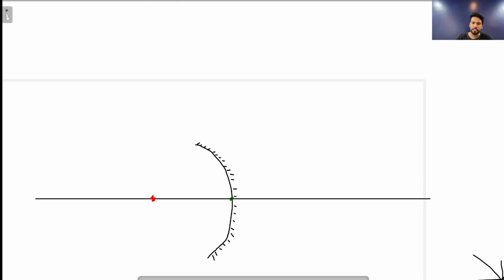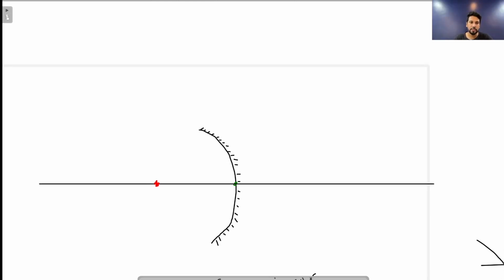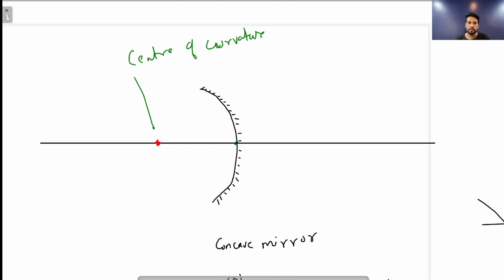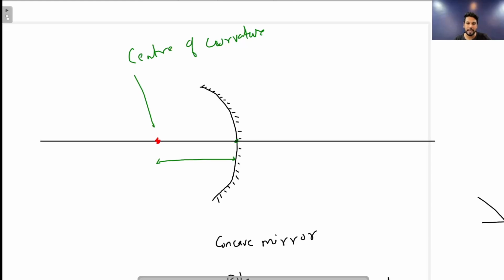And now come the distances. This is called the center of curvature. Basically, the center of the whole sphere is called the center of curvature for the spherical mirror. The distance between the center of curvature and the pole is called the radius of curvature.